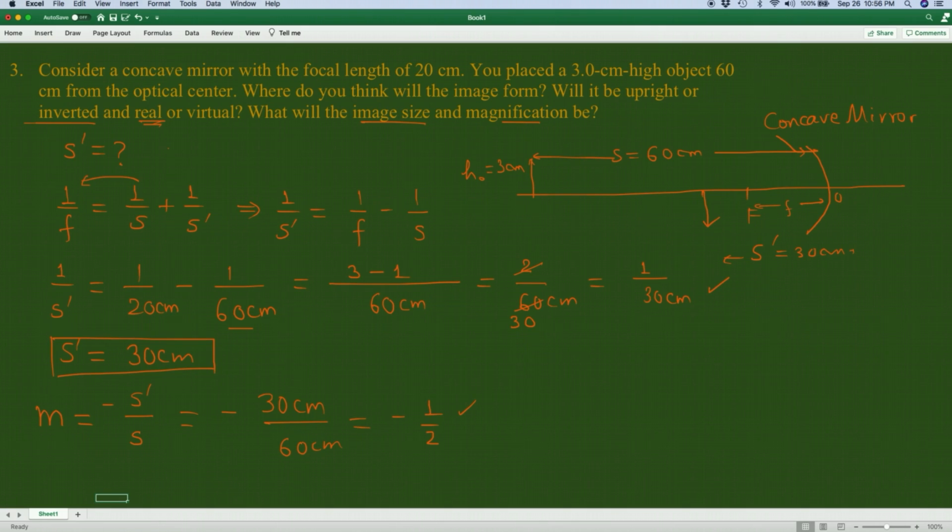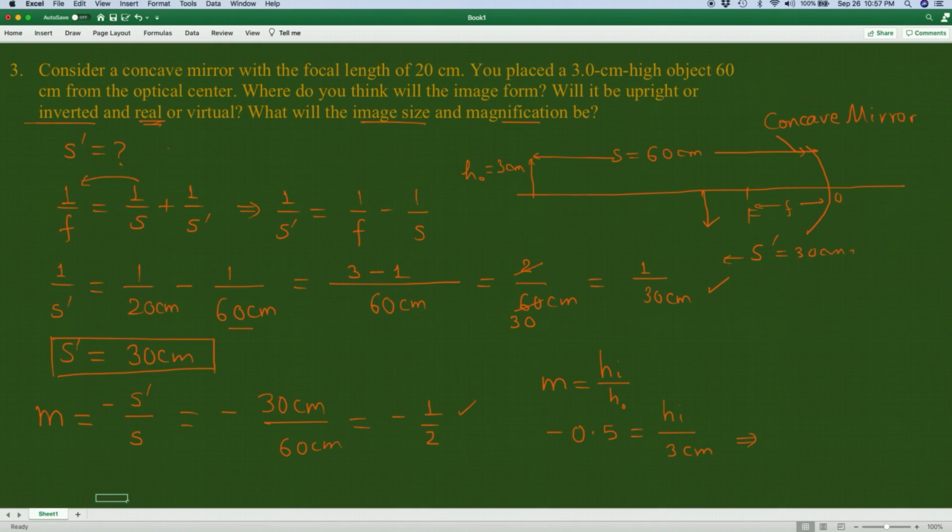So if we want to find the actual height of the image, we can do that. Magnification is the height of the image over the height of the object, and we have this magnification of minus 0.5. The height of the object is 3 centimeters.